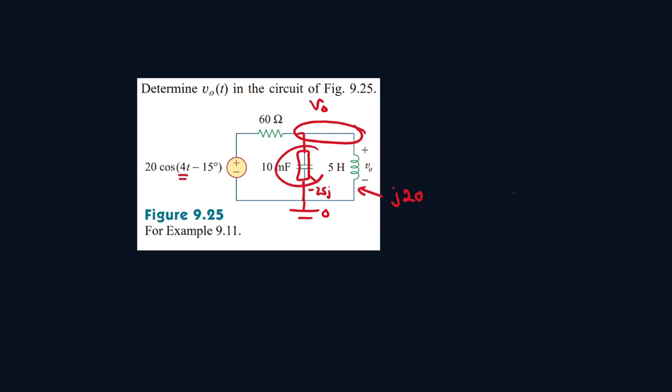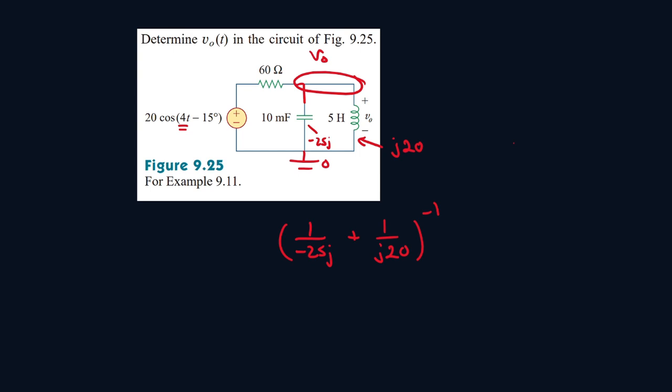So let's try and find the impedance value if we were to combine these two. Since they're in parallel, it'll be 1 over minus 25j plus 1 over j20, all to the power of minus 1. Using your calculator, by putting it on imaginary mode, you should get the following value.